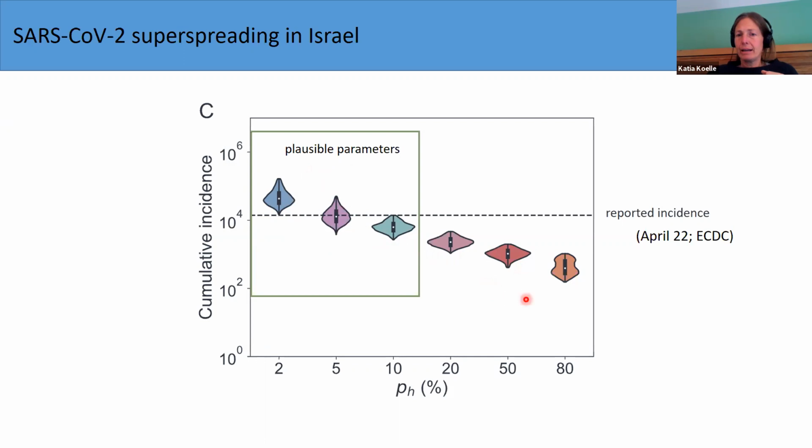If we assume lower levels of transmission heterogeneity, we wouldn't predict the incidence that was actually reported. So we do see this indication of SARS-CoV-2 super spreading in Israel, and this has also been found with more epidemiological studies of viral spread in numerous different places.